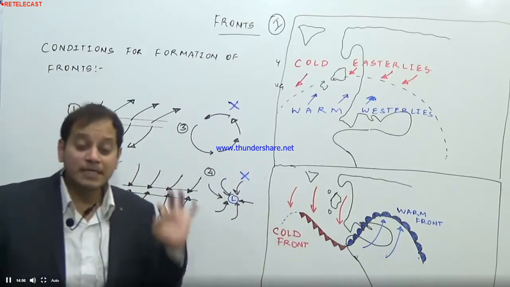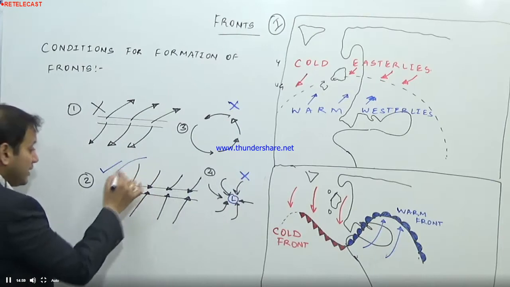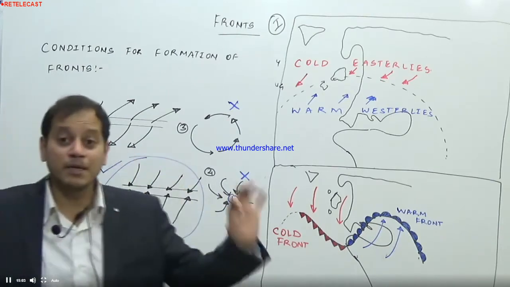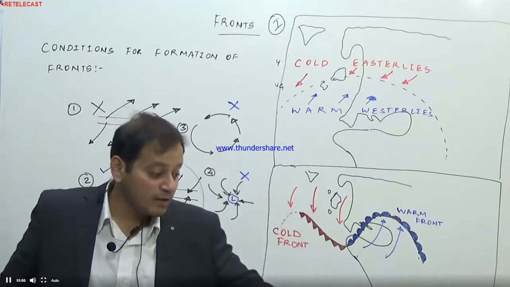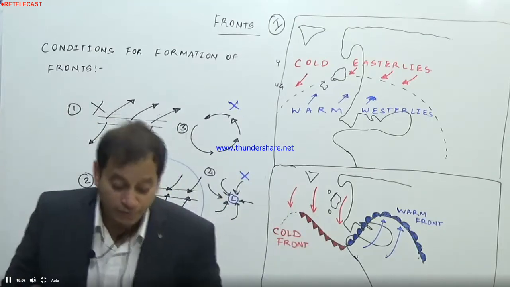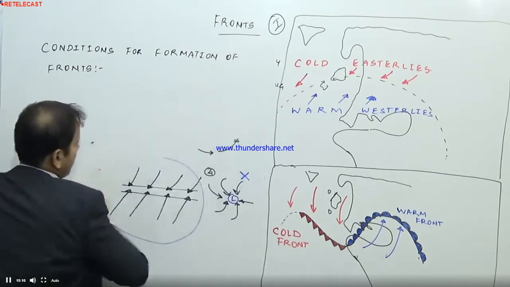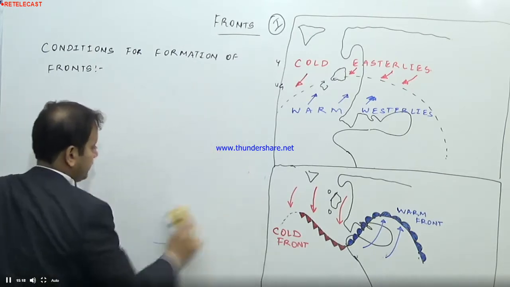So what is the basic condition for the formation of the front? It is the second one. This is a preliminary question also: what will be the conditions for the formation of a front? The first is the convergence of air masses.